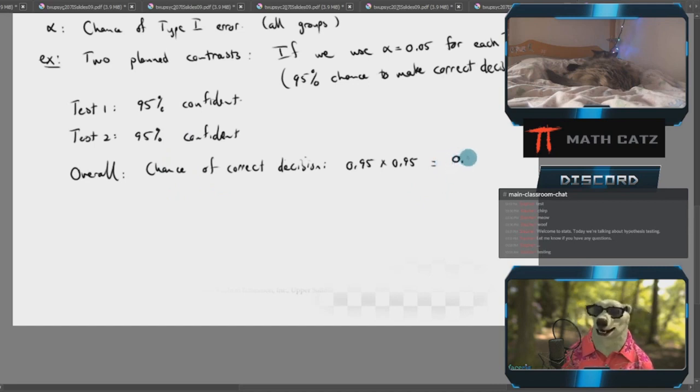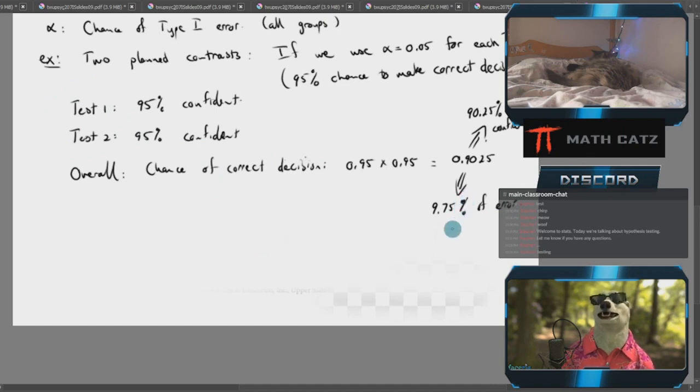And I get 0.9025, which means I'm 90.25% confident that I am making the correct decision. 90.25% chance of not making an error somewhere in these tests. That means that my chance for making an error is now up to 9.75% of a type 1 error somewhere among these tests.